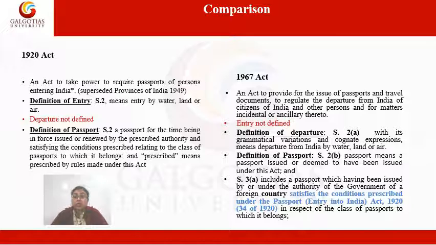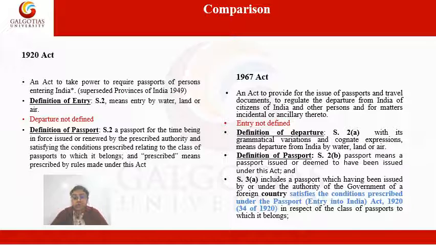However, the 1967 Act has made the effort to define departure, because although departure prima facie seems to be a part of emigration, we cannot sever these two concepts completely. We cannot say that immigration is something else and emigration is something else, and that they have to be kept in two distinct watertight chambers.